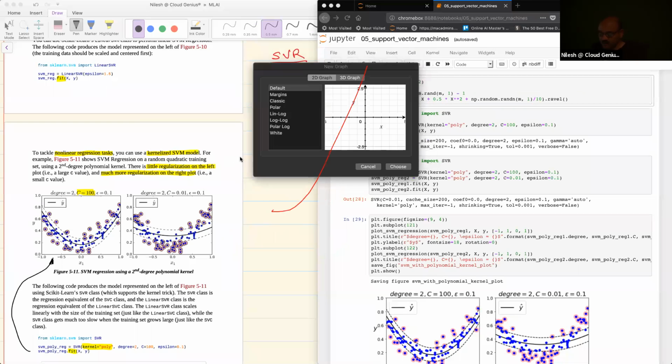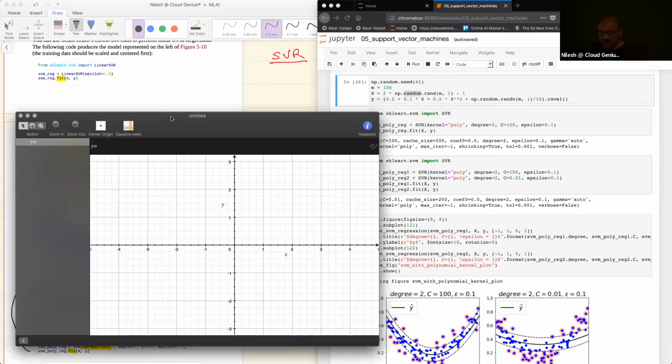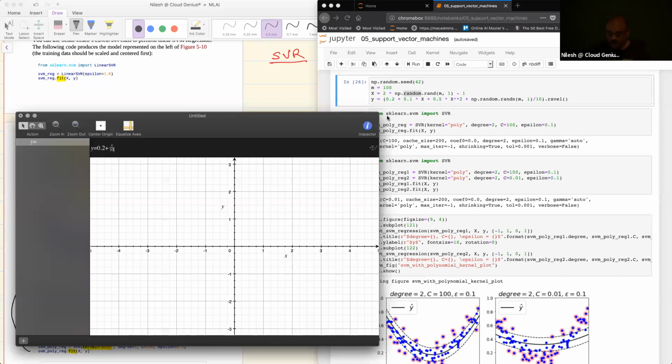Clear, close, draw, and then plot the same concept again: y equals 0.2 plus X divided by 10, plus X squared divided by 2.